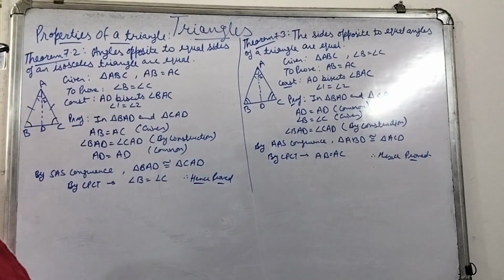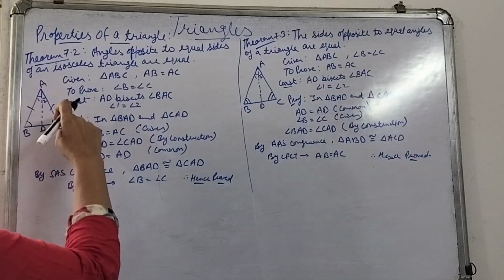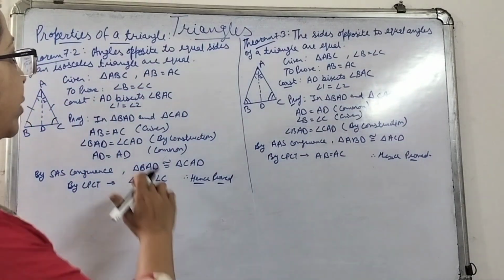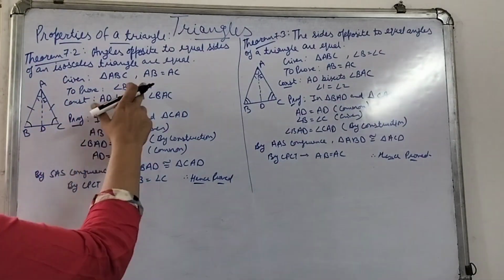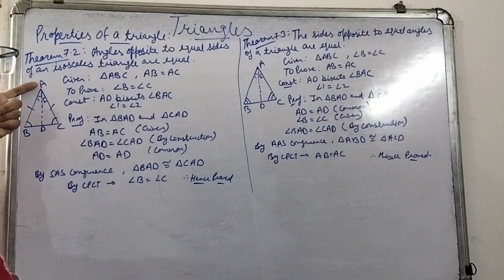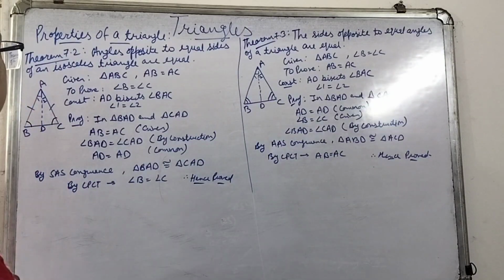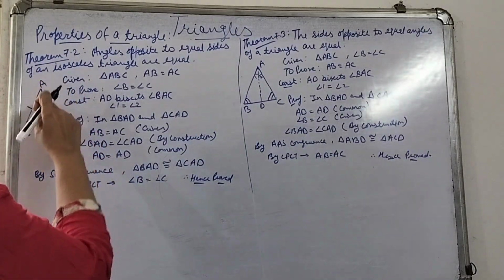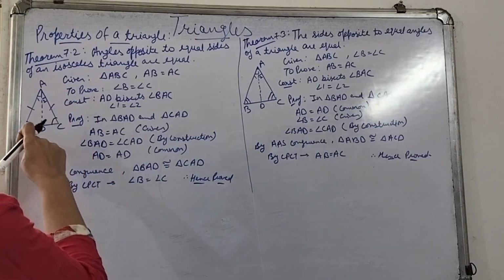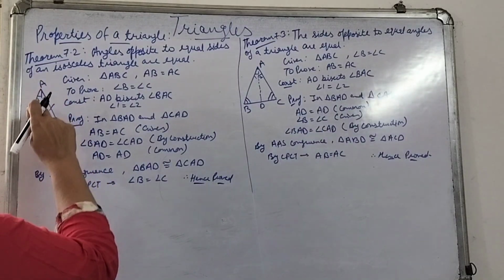So how can we prove it? Given to us is that there is a triangle ABC in which AB is equivalent to AC. We have to prove that angle B is equivalent to angle C. So what we will construct is, from A, a side AD which bisects angle A. Angle A is bisected by side AD.